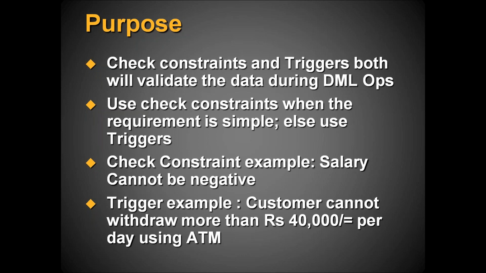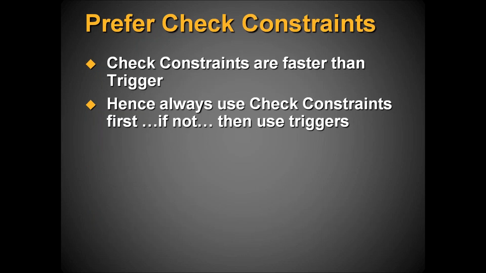If he has done 45,000, then for the extra 5,000 they are going to be charging you some interest, they are going to be taking from your account, right? This kind of validation, how are we going to write it? By using a trigger we are going to write it.